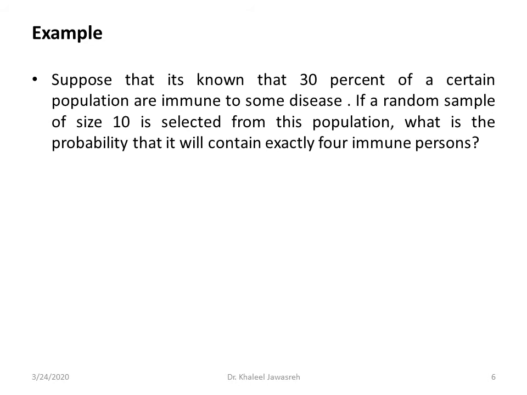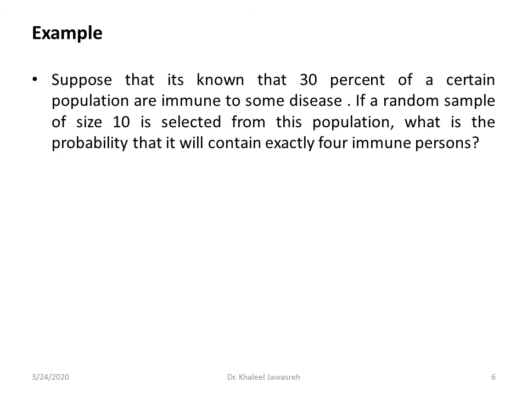Now we need to analyze this example. We have 30% of a certain population immune against a certain disease.